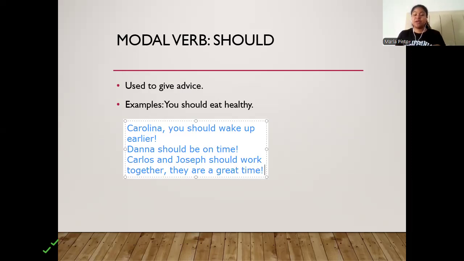All right? Carlos and Joseph should work together. They are a great team. So here you are trying to sound polite, and you're just saying, hey, Carlos and Joseph should work together. They are a great team.